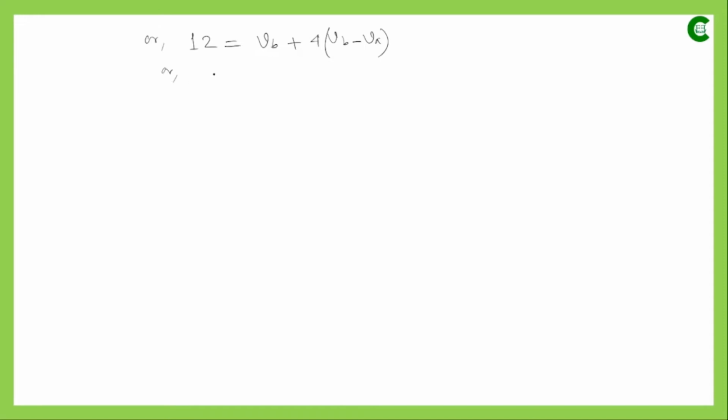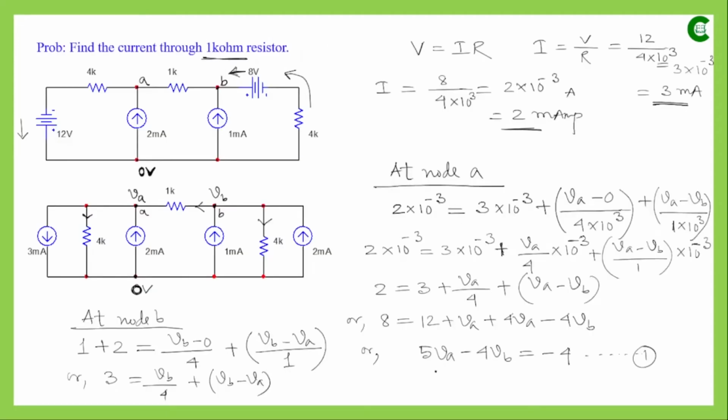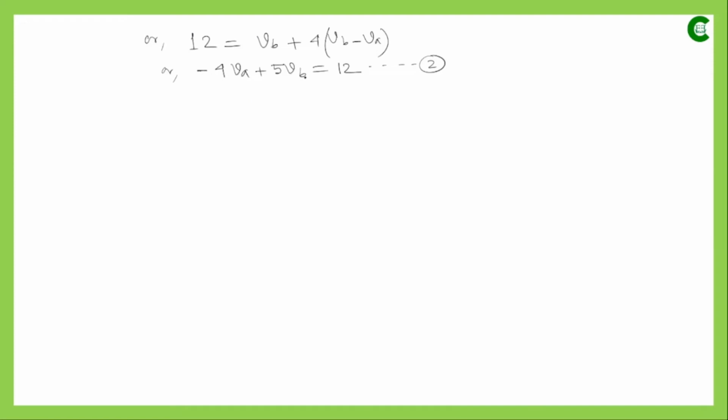So we can write minus 4VA plus 5VB, that will be equal to 12, and this is our second equation. And what was our first equation? The first equation was 5VA minus 4VB, and this time it is 4VA and 5VB.